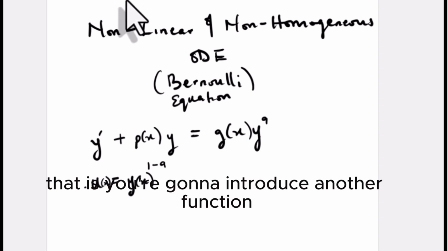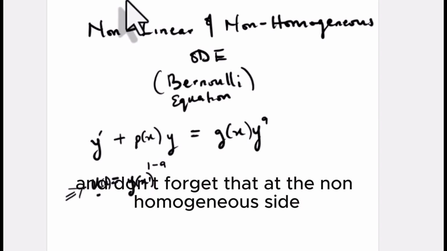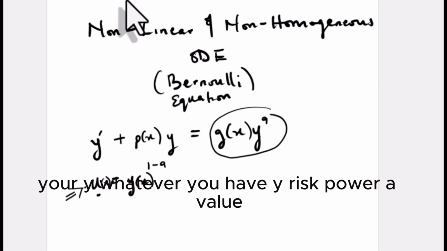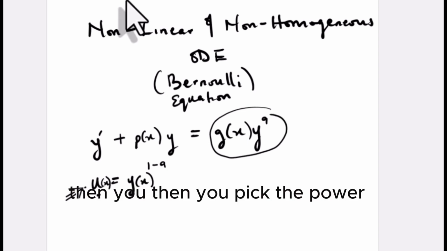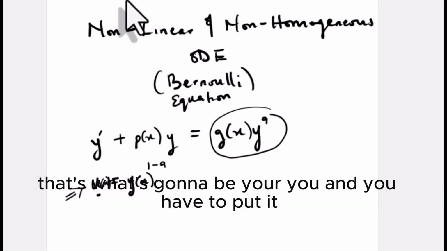That is, you're going to introduce another function u, put it as y^(1-a). And don't forget that at the non-homogeneous side, wherever you have y raised to power a, you pick the power, then put 1 minus the power. That's what's going to be your u.